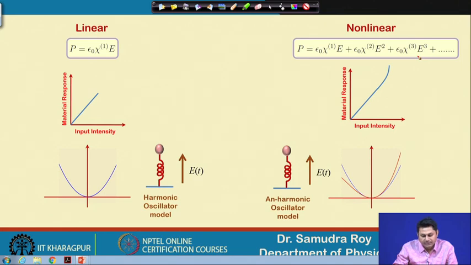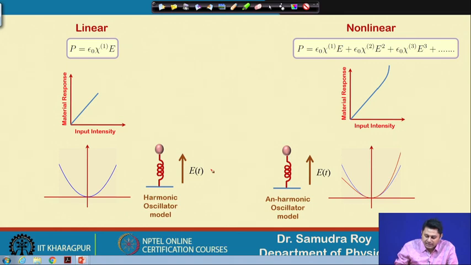Now, if the electric field is very high, then this vibration, or the electron mass model, will not remain harmonic in nature. Some kind of anharmonic effect will come because I am launching the electric field and this electric field is very high.